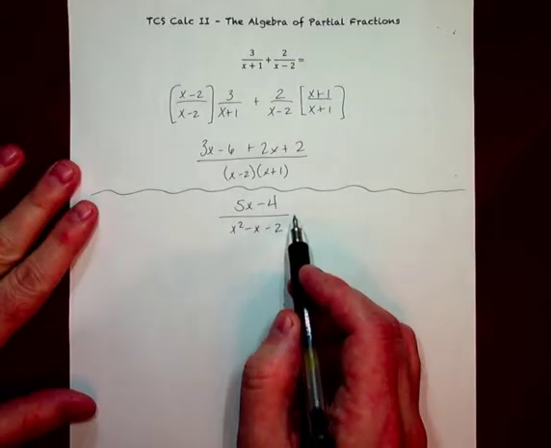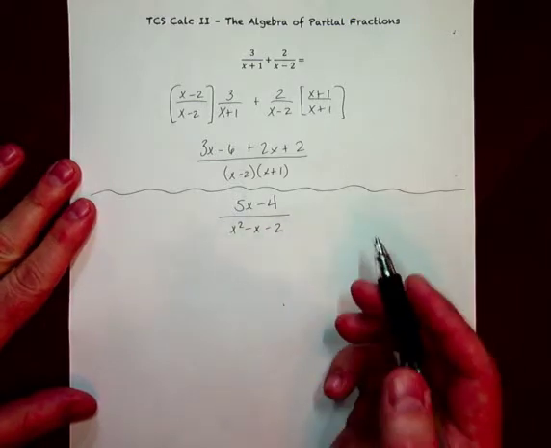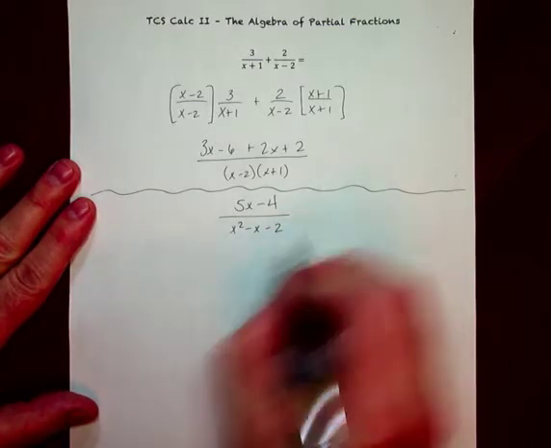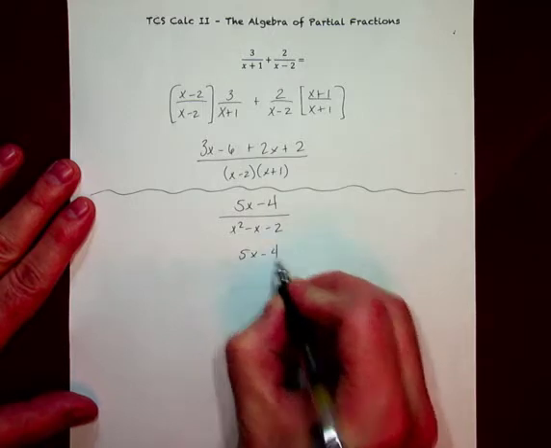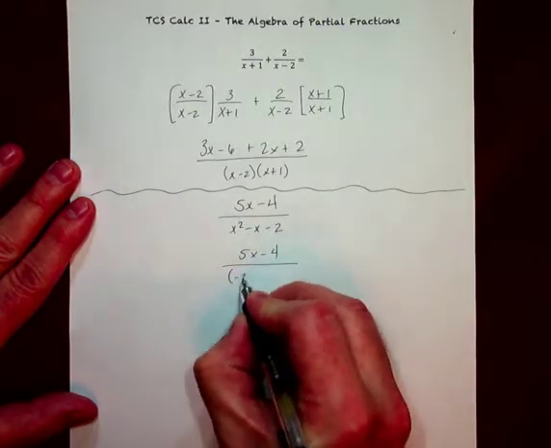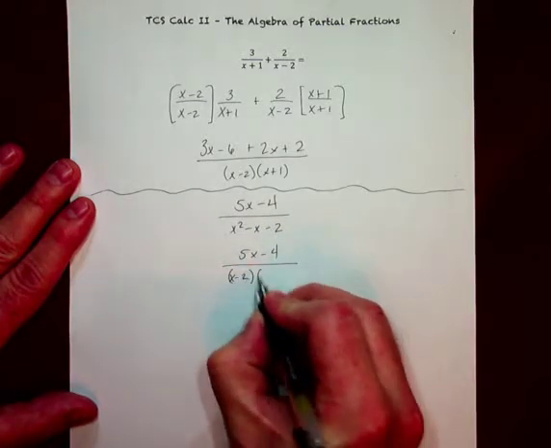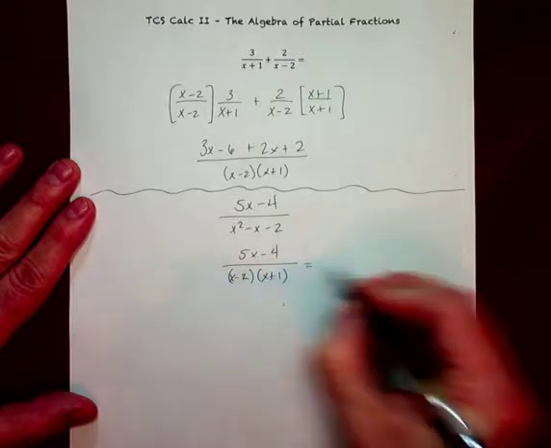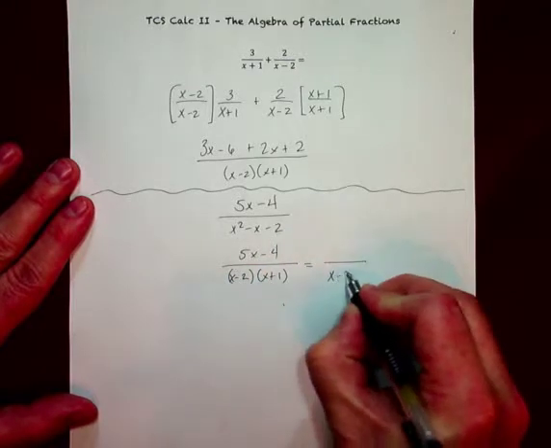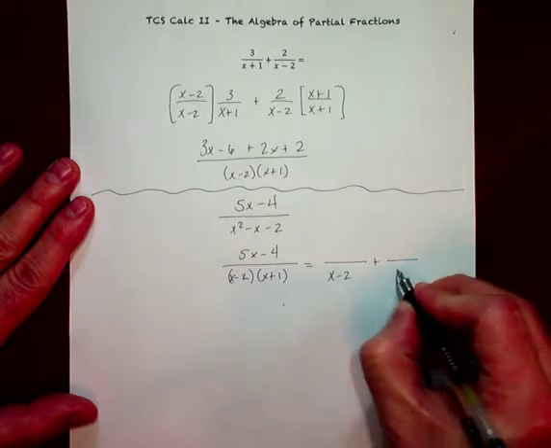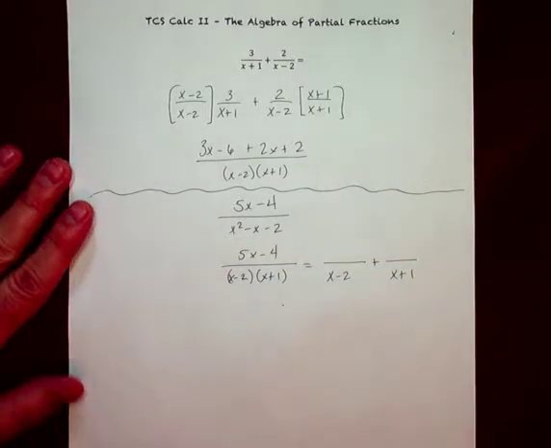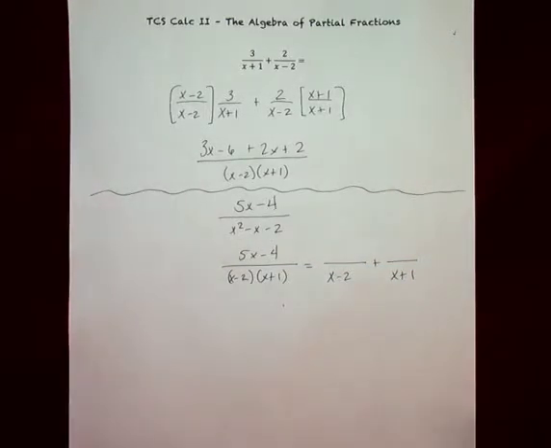You don't know what the numerators are in those fractions, but considering the fact that you can factor the denominator into x minus 2 and x plus 1, you do know the denominators, okay? Now, you just need something to hold the place of those numerators.